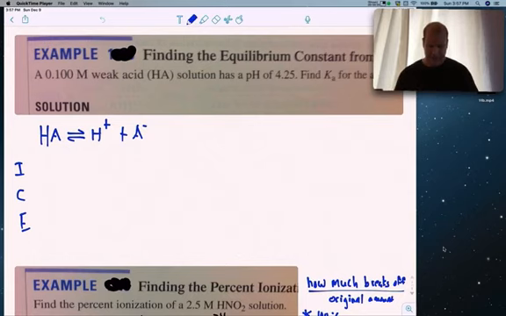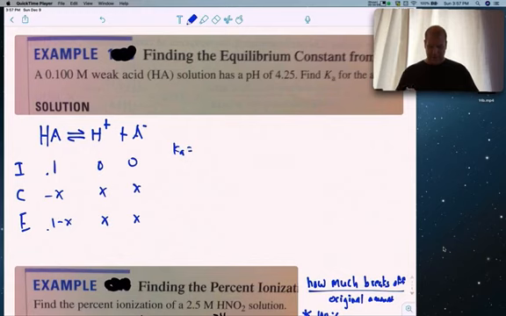So you've got to be careful about this because I am training you this way, but start thinking about what you're doing here. So HA, you're probably thinking, okay, this is 0.1, this is 0, 0. We're going to shift right, and then 0.1 minus x, x, and x.